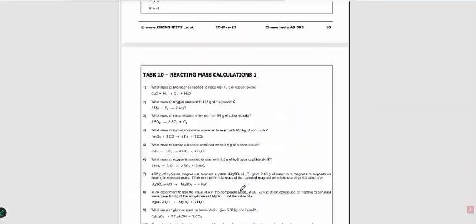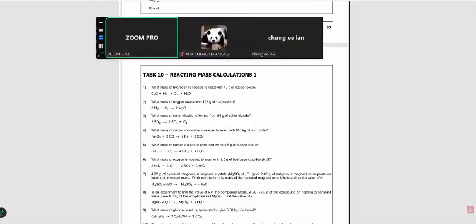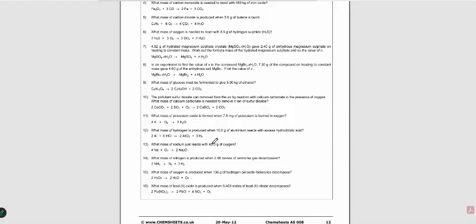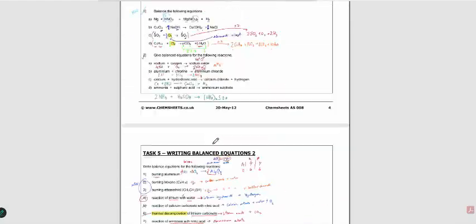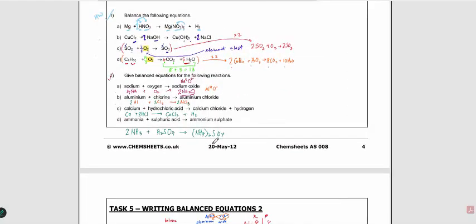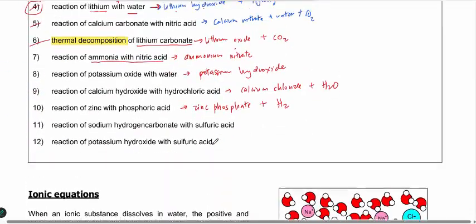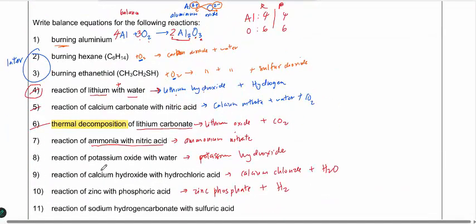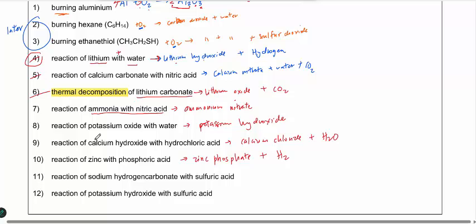Okay, let's try another one. So we did question one, and two and three we do later. Two and three are a bit more complicated. You're not ready yet.